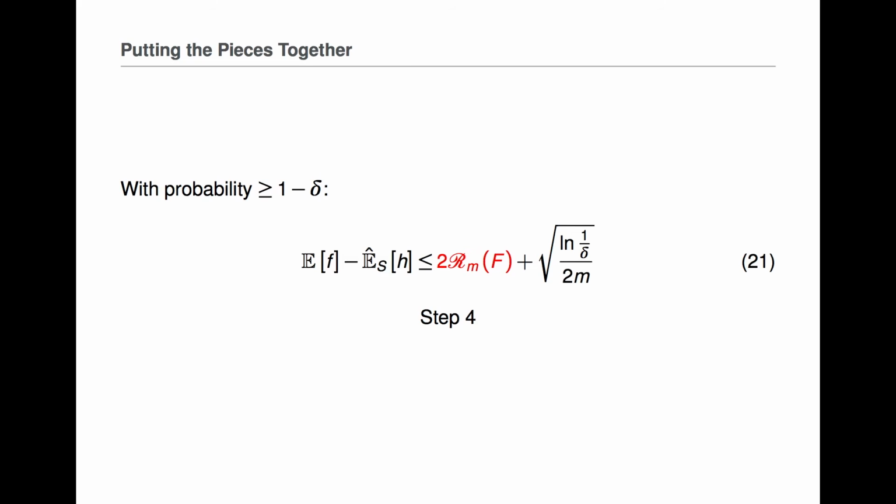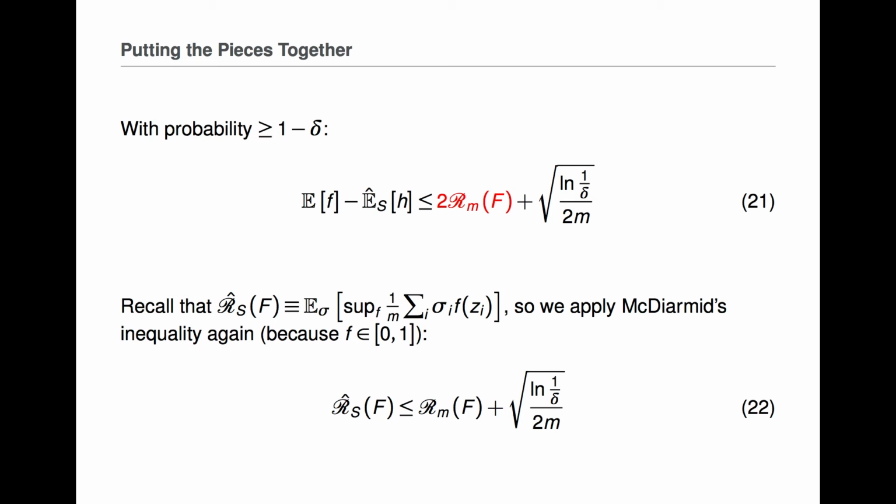And so finally, we can plug in our empirical definition of Rademacher complexity and apply McDiarmid's inequality again to bound our empirical Rademacher complexity.